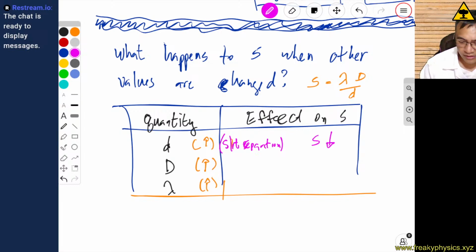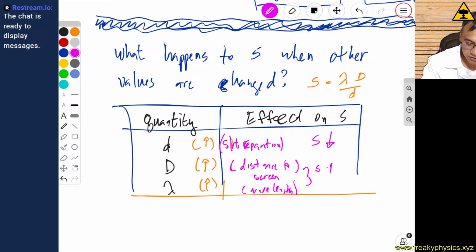Now, on the other hand, if you increase either the distance to screen, this part, or the wavelength, you can see from the equation that S in both cases will increase.